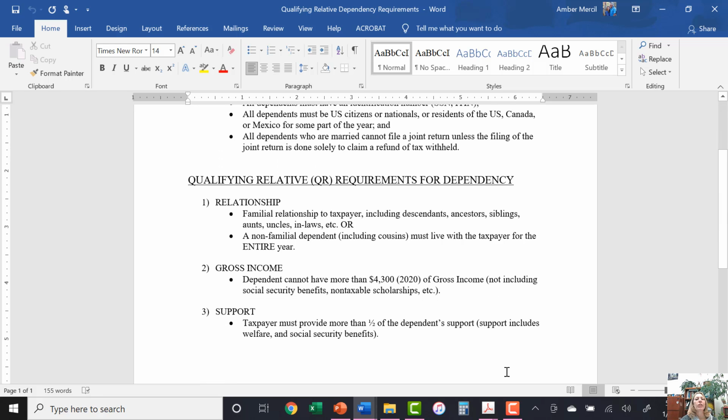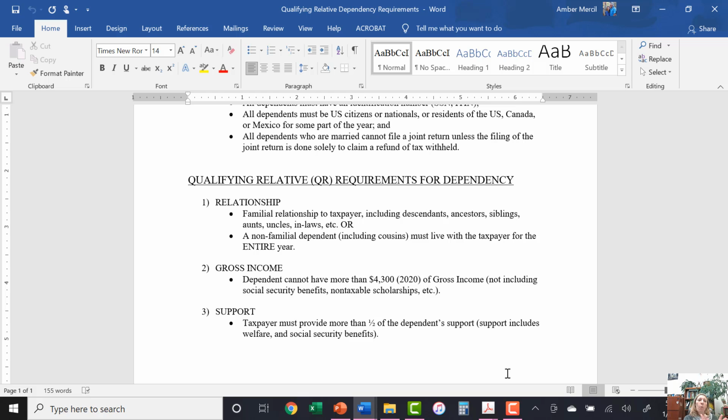There are only 3 tests for qualifying relative: the relationship test, the gross income test, and the support test. Relationship is vastly expanded. It basically says there has to be some kind of familial relationship. So aunts, uncles, grandparents, descendants, any of those things can be in there. In-laws, all of that automatically satisfies the relationship test.